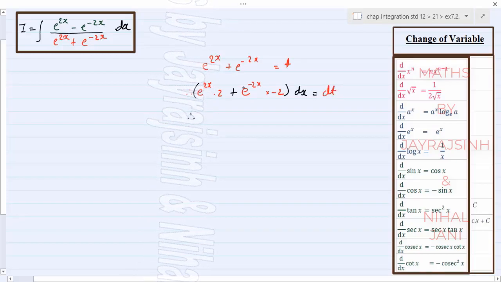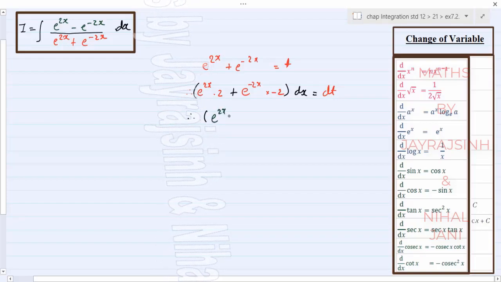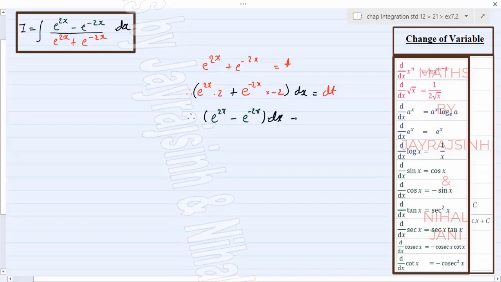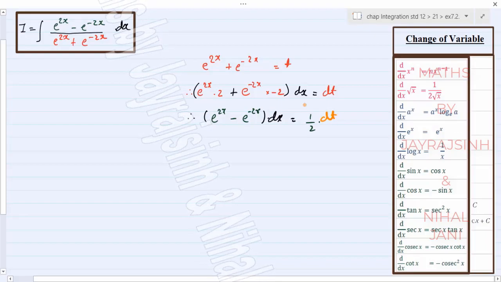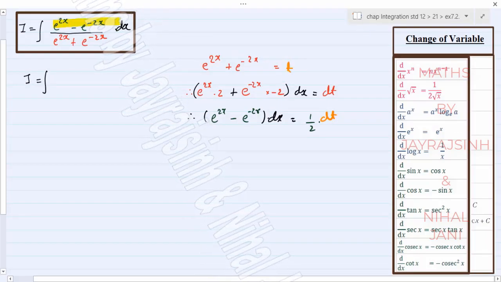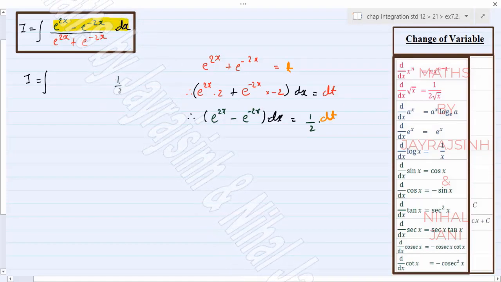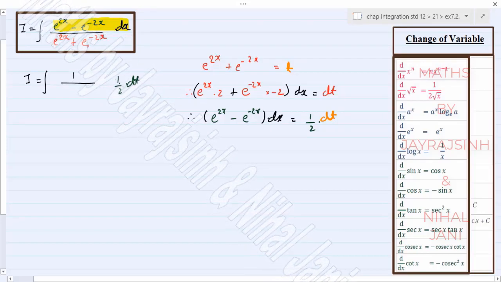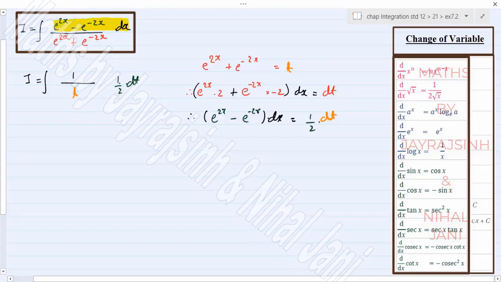So if we take 2 common, we will get e raised to 2x minus e raised to minus 2x dx is equal to 1 by 2 dt. So here e raised to 2x minus e raised to minus 2x dx will give us 1 by 2 dt, and 1 upon e raised to 2x plus e raised to minus 2x will give us 1 upon t.